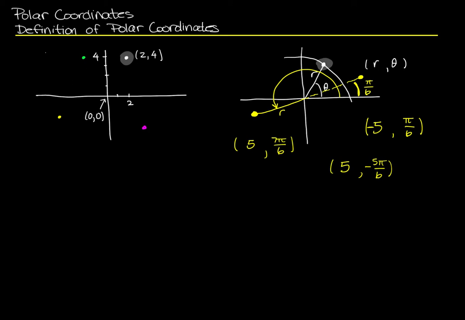Going back to the Cartesian coordinate system, we call this point here the origin. It has coordinates 0, 0, because I'm going to go right or left 0 and up or down 0 to get to that point from this location. This point on the polar coordinate system also has coordinates 0, 0, but for a different reason.